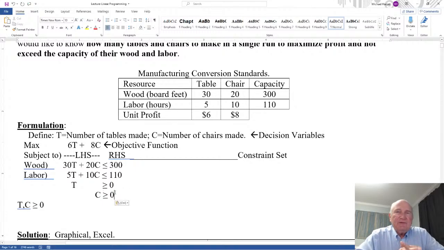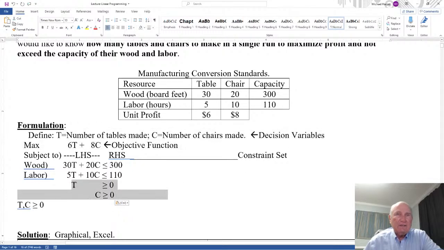So everything we do in this course, in a traditional LP, linear program, in business, your decision variables, T and C, are your decision variables. Your decision variables are always constrained to be 0 or greater than 0, either 0 or positive. So our decision variables must always be 0 or positive, or non-negative.